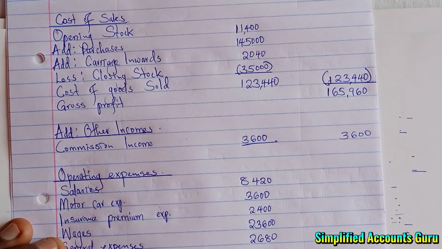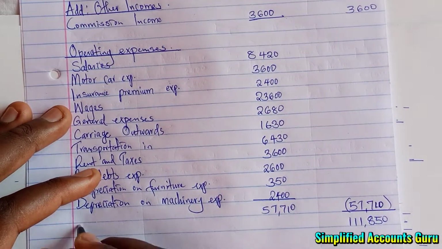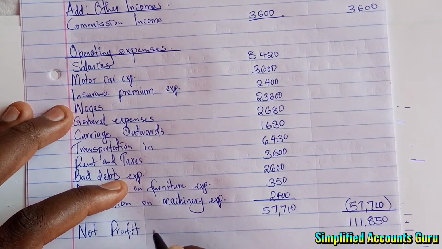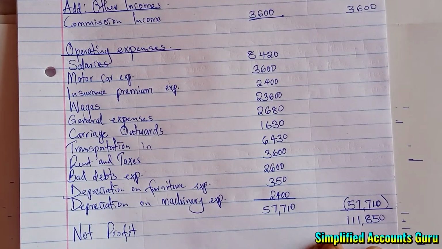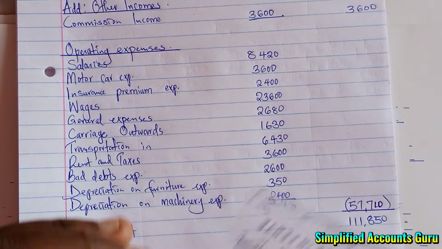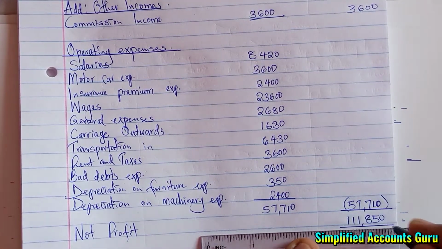So this is going to form what we call the net profit. Net profit, $111,850. So that is how we get the net profit.